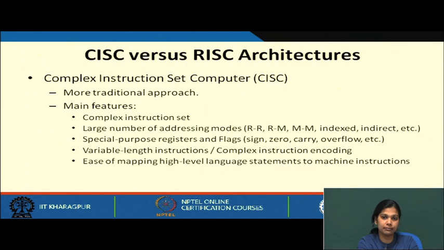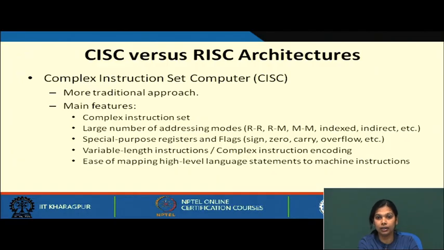They also have a large number of addressing modes that we have seen. They also have some special purpose registers and flags that are used to carry out various operations, and the instructions are not all of the same length. So, they have variable length instructions.